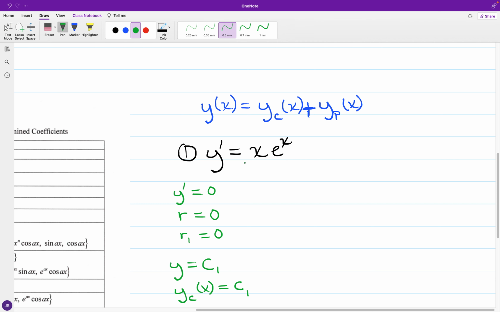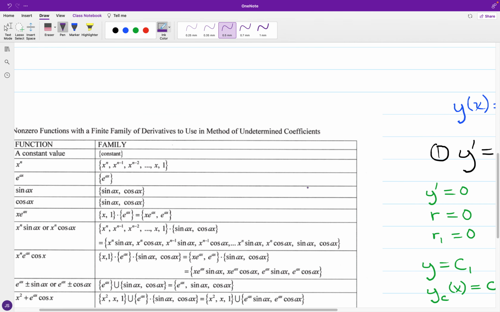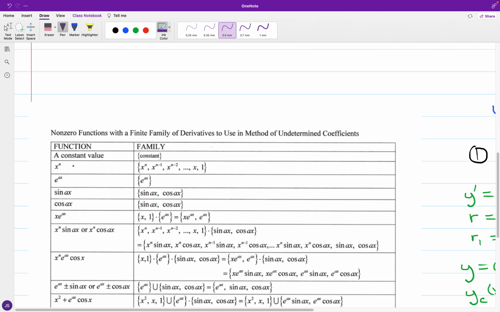Now for what we have, instead of having y prime equal to 0, we have it equal to x times e to the x. And if we look at the variable factors, first of all we have x, and just using a bit of a guideline, we have the constant value functions.